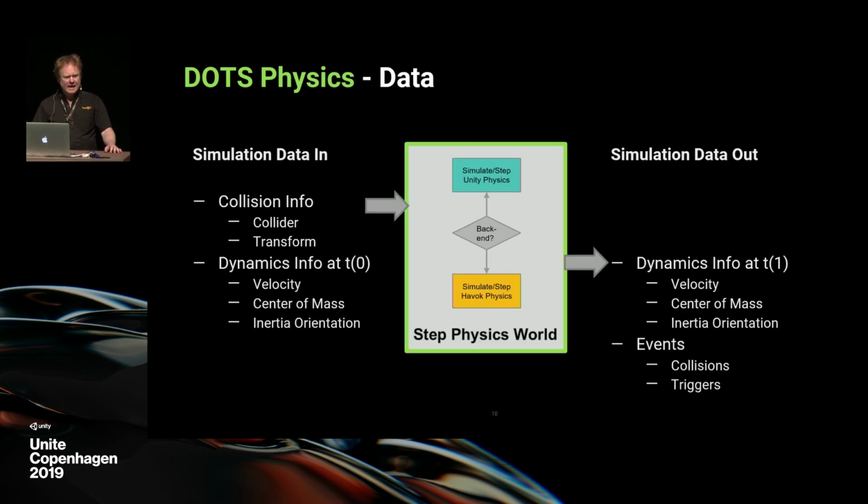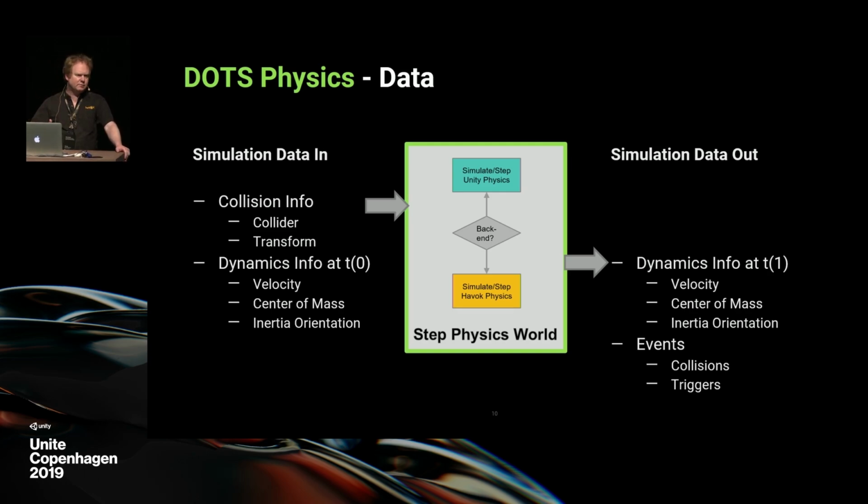So what sort of data is going into the step physics world? There's only really two sets of information. The collision information, which was the colliders that Adam showed how you can convert from your scene data, and the transform, the position in space and the rotation. But there's also the dynamic information at a particular point in time, which would be the velocity, the center of mass, the orientation of that body in motion space.